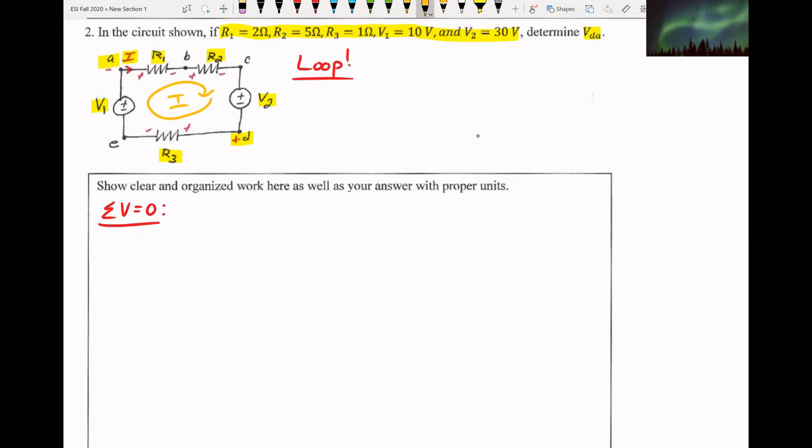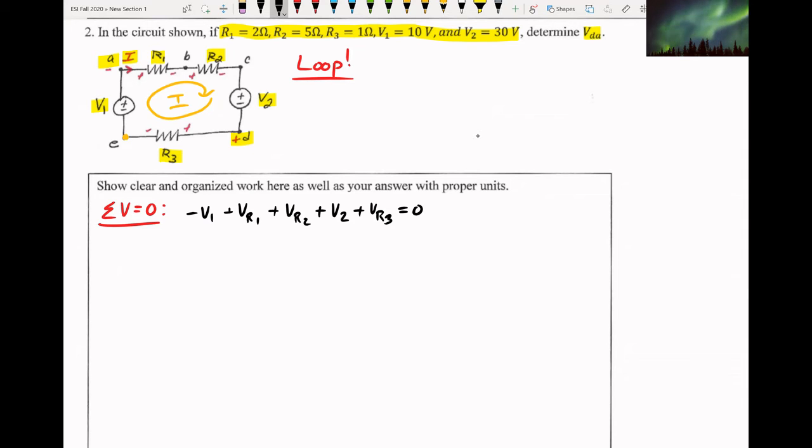So we will pick a point and we'll walk around our circuit, and whatever terminal we hit, that's the value we'll assign to it. So let's go ahead and assign, we'll start at point E and we'll walk our way around. So we'll hit negative V1, we'll come up and we'll hit plus VR1 plus VR2 plus V2 and plus VR3.